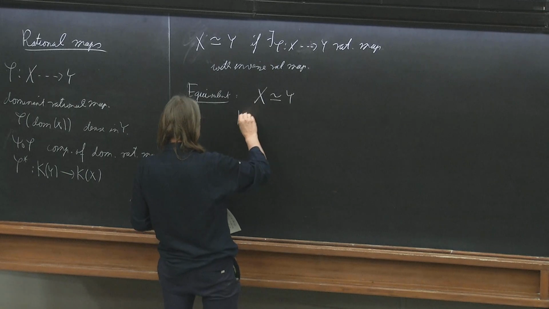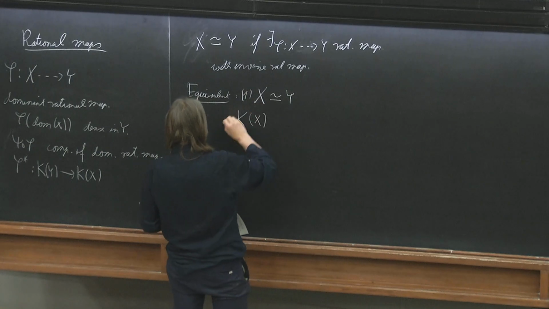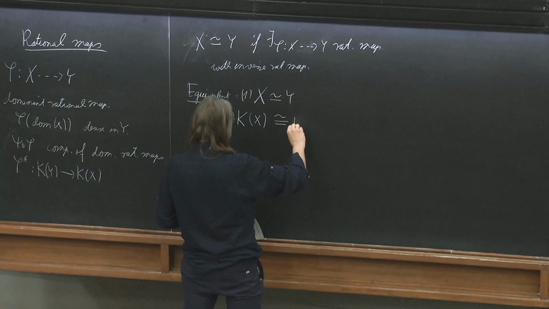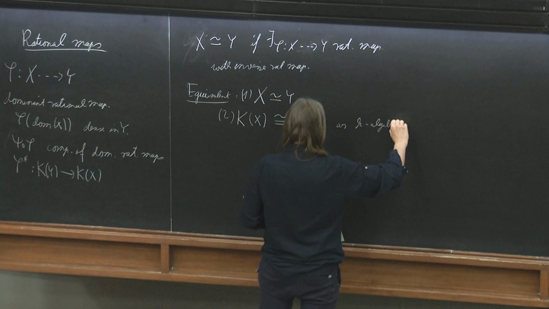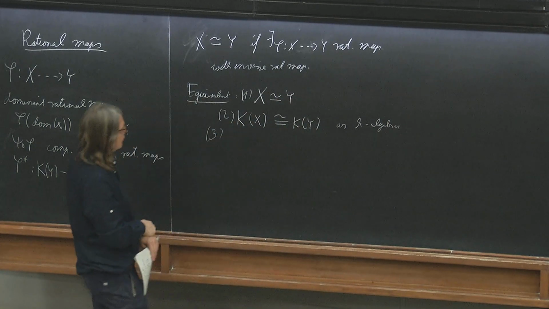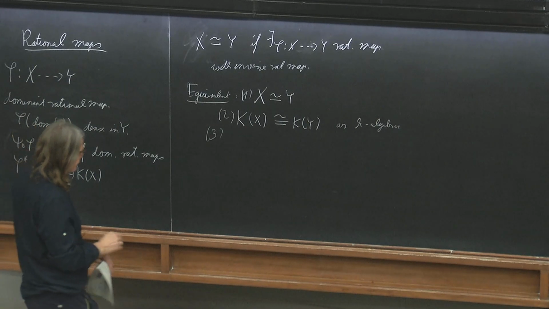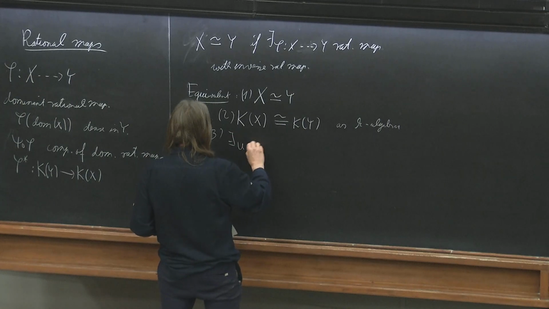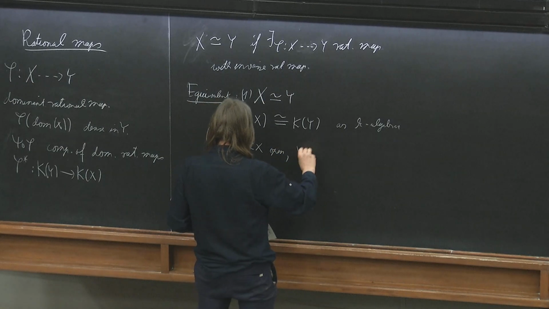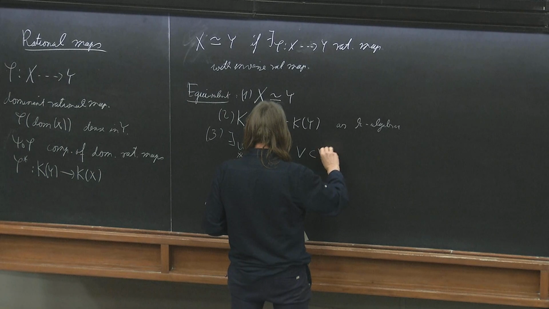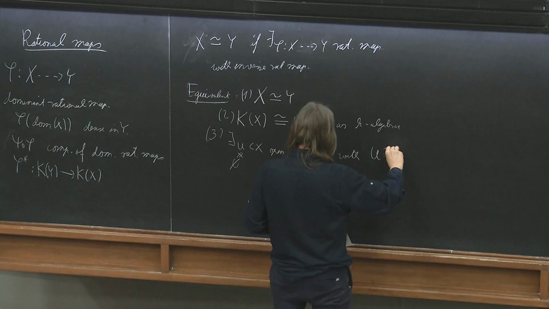Second, that the rational functions on X, k(X), are isomorphic to k(Y) as k-algebras. And third, there is a non-empty open subset U of X and a non-empty open subset V of Y which are isomorphic.